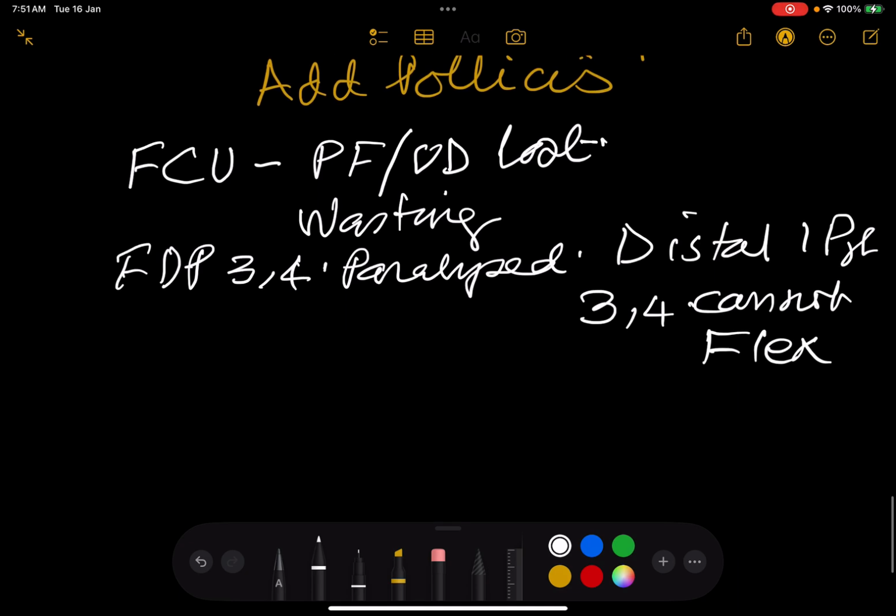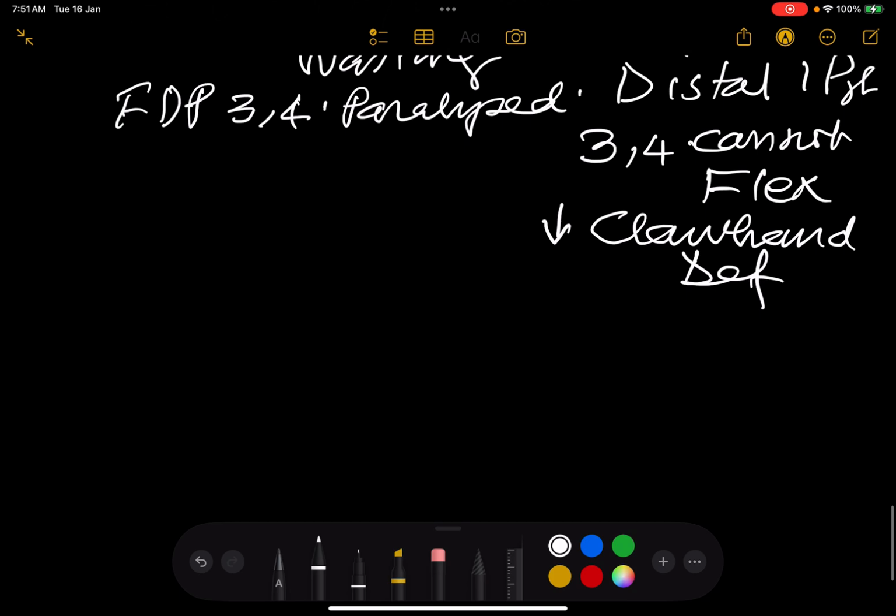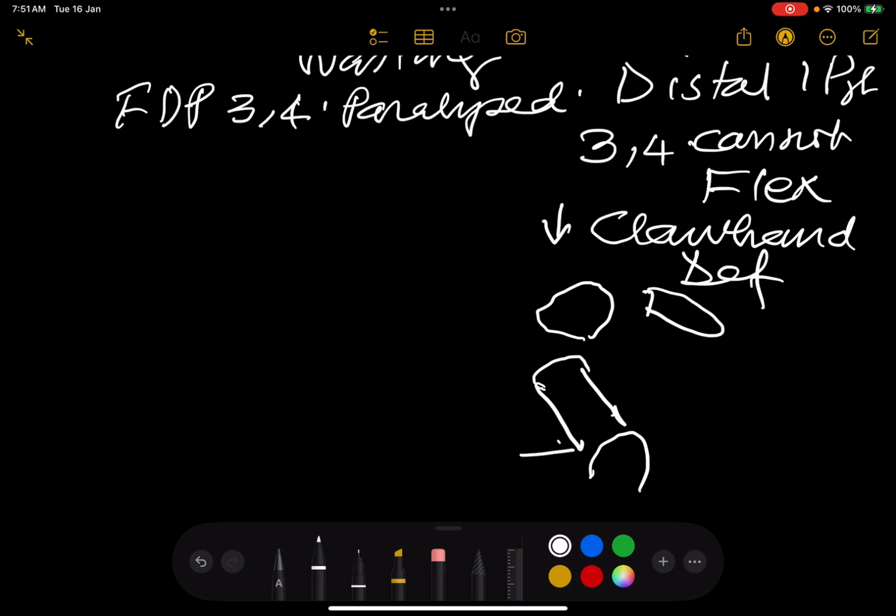And this decreases the claw hand deformity. See, claw hand means this is the metacarpal, this is the first phalanx, this is the second phalanx, and this is the third phalanx. So this is the claw hand: extension at MP joints, flexion at PIP and DIP joints.